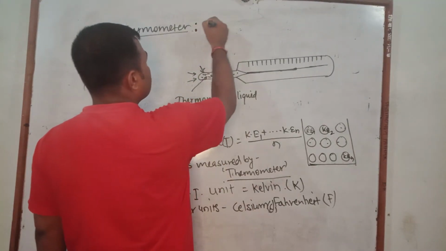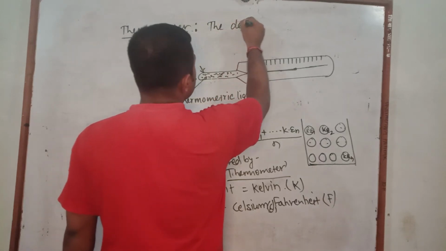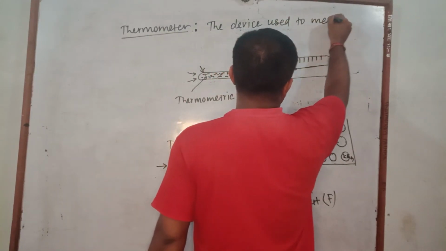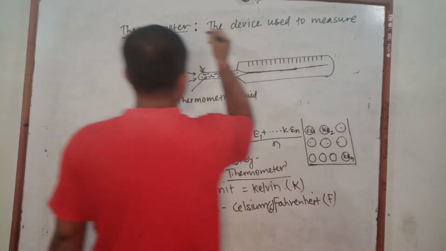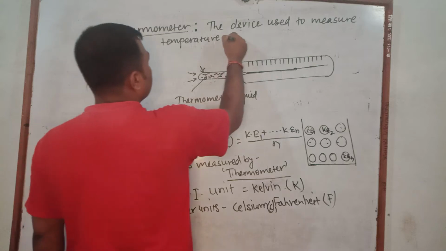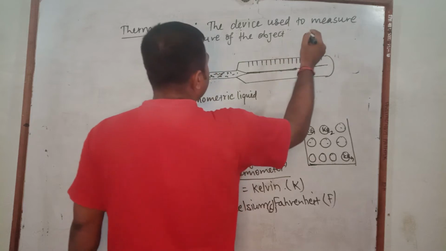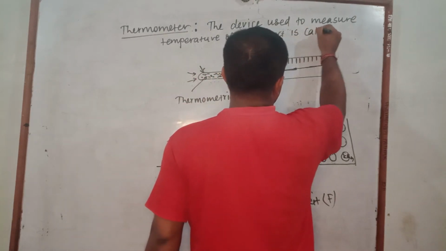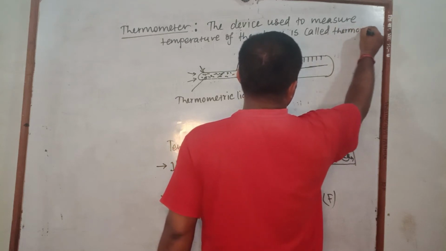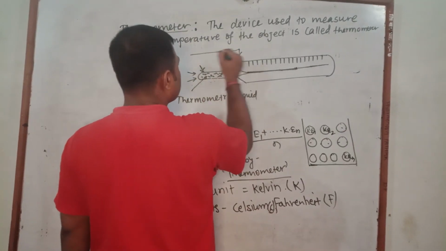And here we define a thermometer as the device used to measure the temperature of a body or object. A thermometer mainly contains two parts.